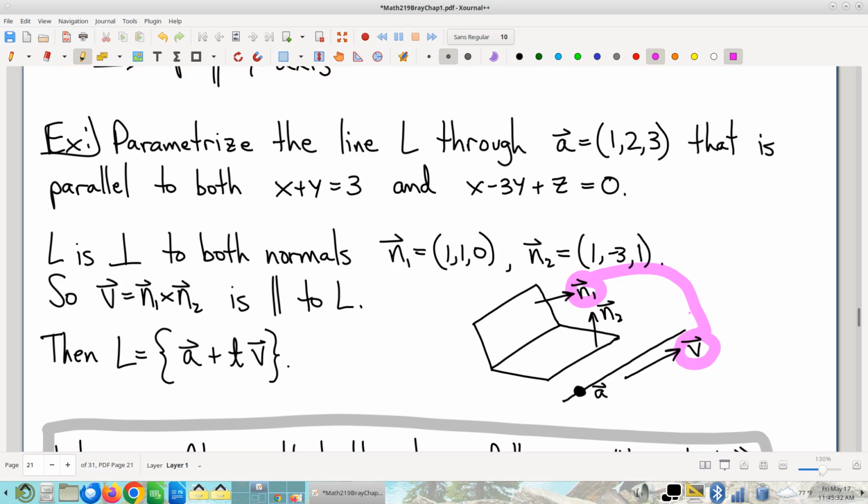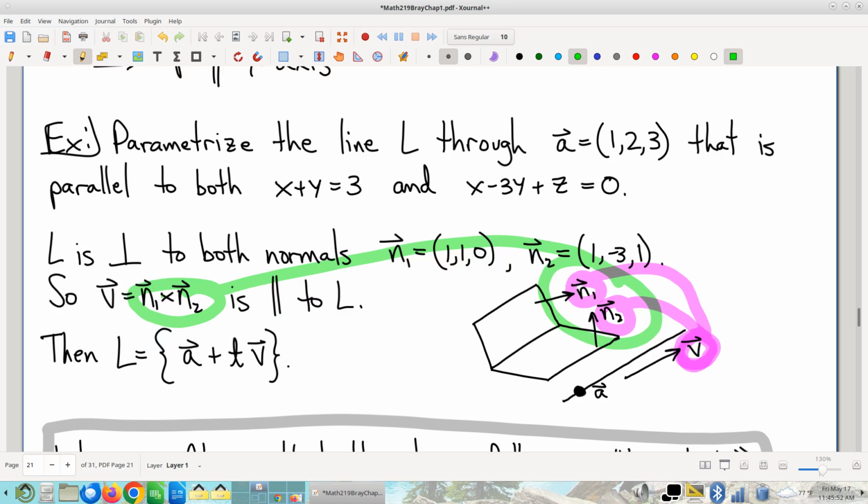And by an analogous argument, this normal vector must be perpendicular to that vector. And so just like we have done before, when you have two vectors and you want to find something that's perpendicular to both of them, we use cross products.